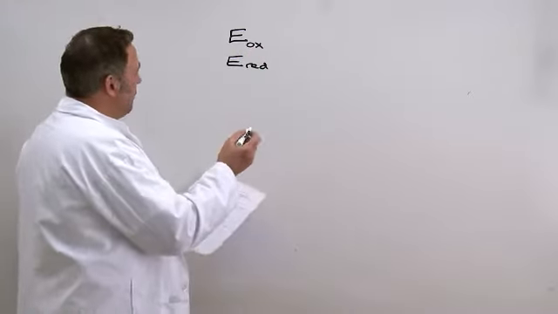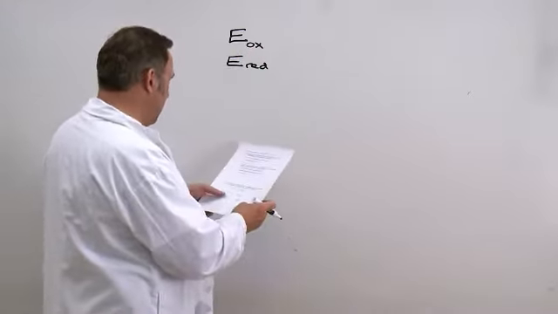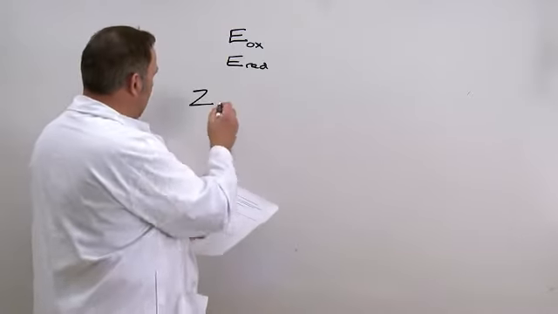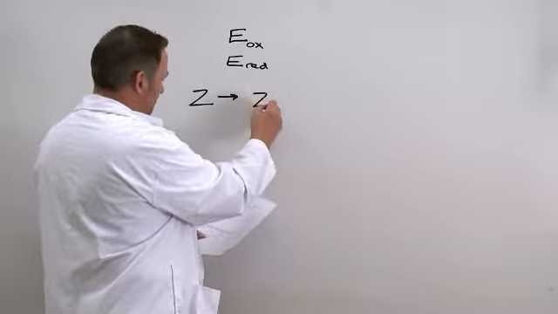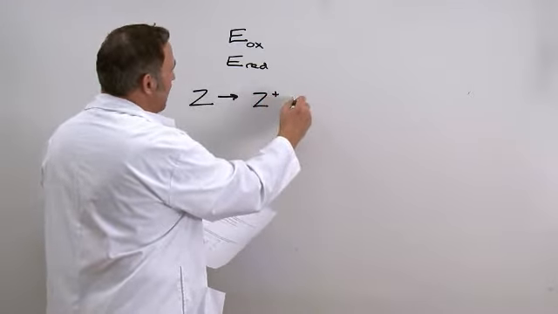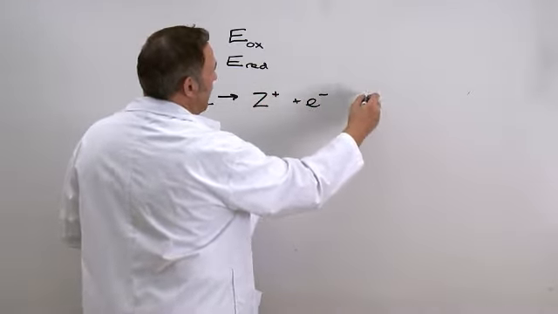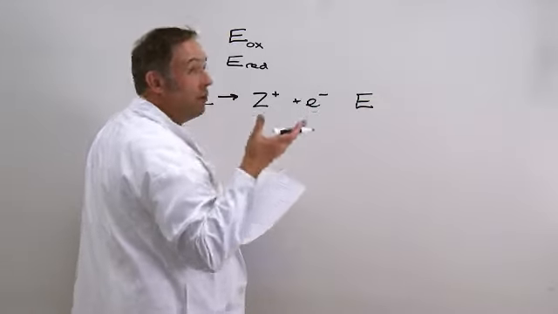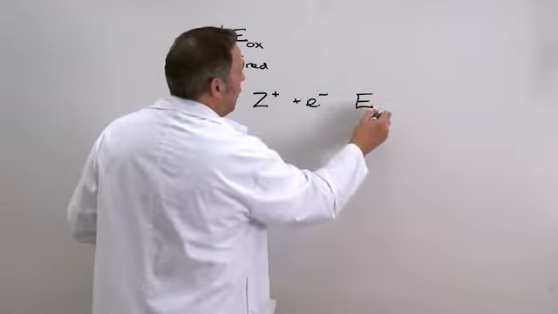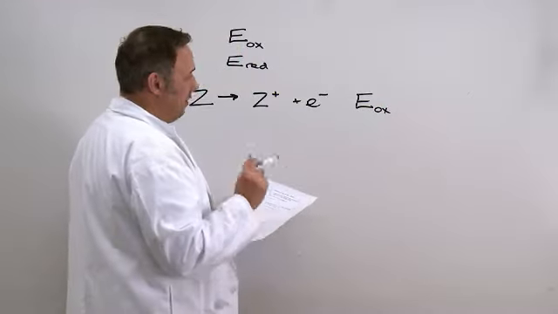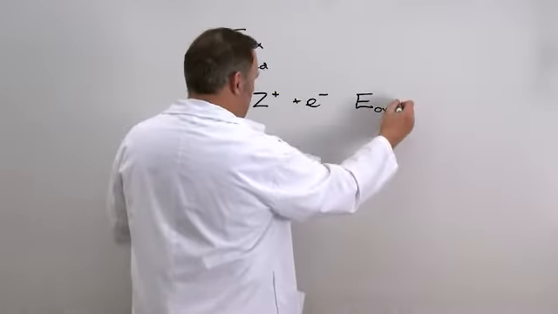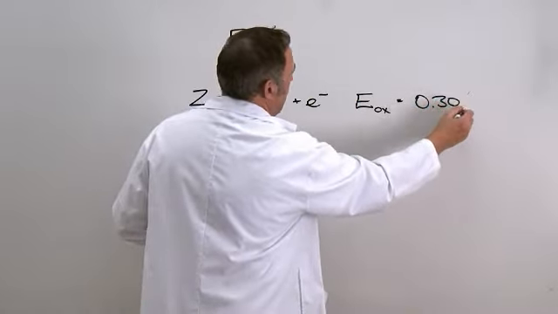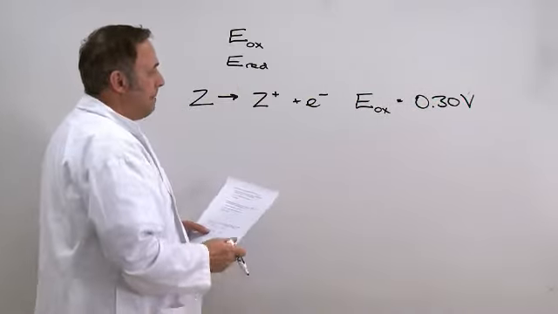And so in this case here, if I was to write it out again for the first one, you've got Z producing Z ions and an electron. This is an oxidation half reaction, and written here, I would have preferred to say E oxidation is equal to 0.30 volts.